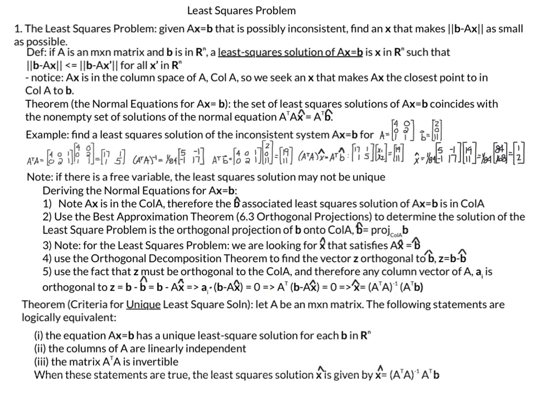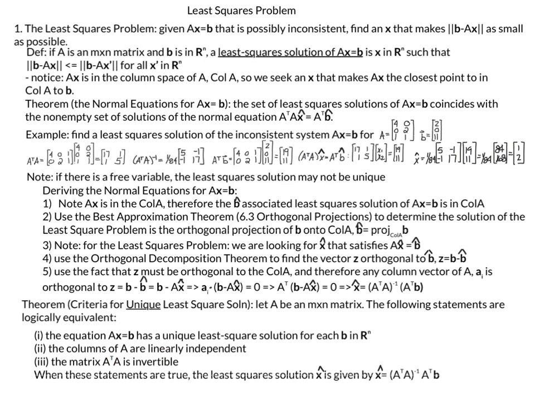This theorem here gives us criteria for a unique least squares solution. Remember, there's always a set of solutions, and in fact, when there is a free variable, there's an infinite number of solutions. So this tells us when we will have exactly one solution. Let A be an m by n matrix, then the following statements are logically equivalent. 1, the equation Ax equals b has a unique least squares solution for each b in R^m. 2, the columns of A are linearly independent. 3, the matrix A transpose A is invertible.